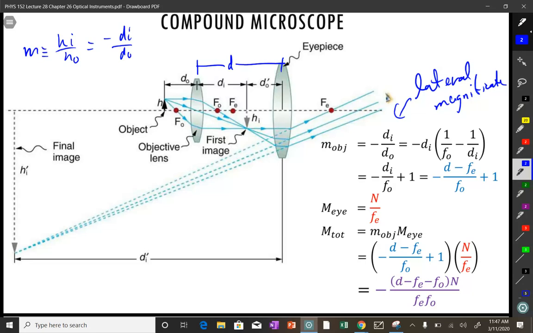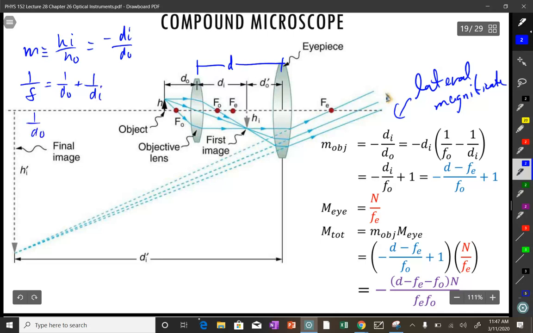So the lateral magnification is the difficult part here. Minus distance image over distance object, you just use that thin lens equation, 1 over f equals 1 over distance object plus 1 over distance image. Solve that for 1 over distance object, which is equal to 1 over f minus 1 over distance image, and substitute it in. And then I distributed my distance image across. Distance image over distance image, that was just 1.